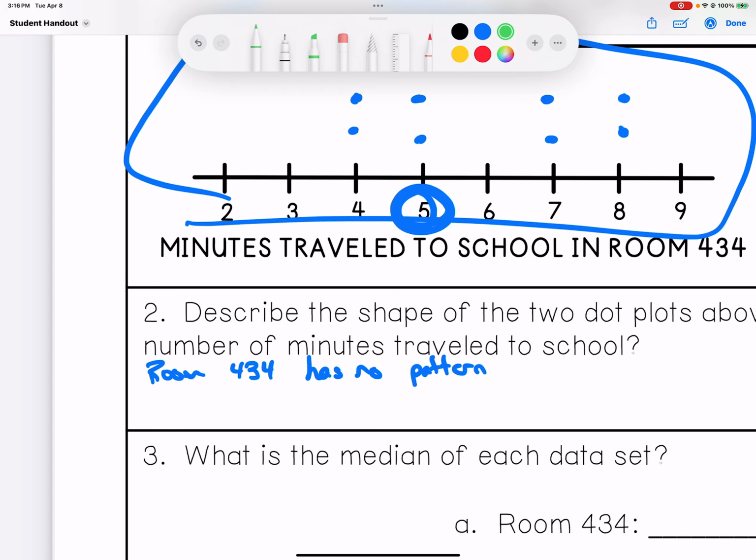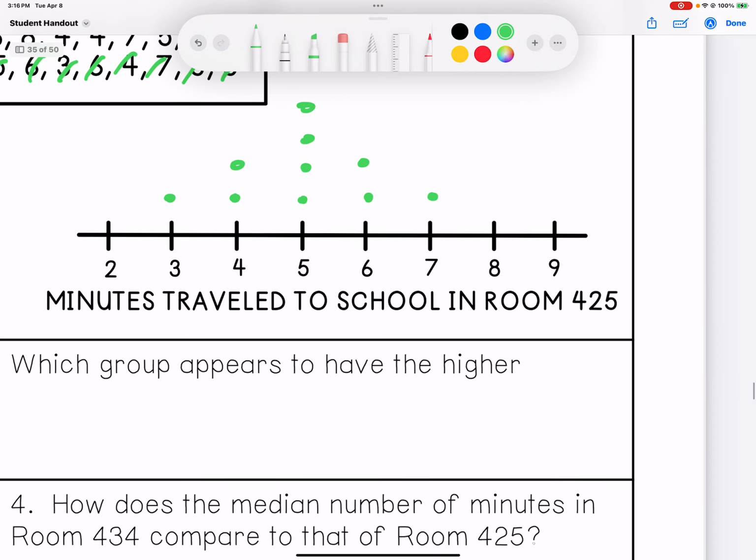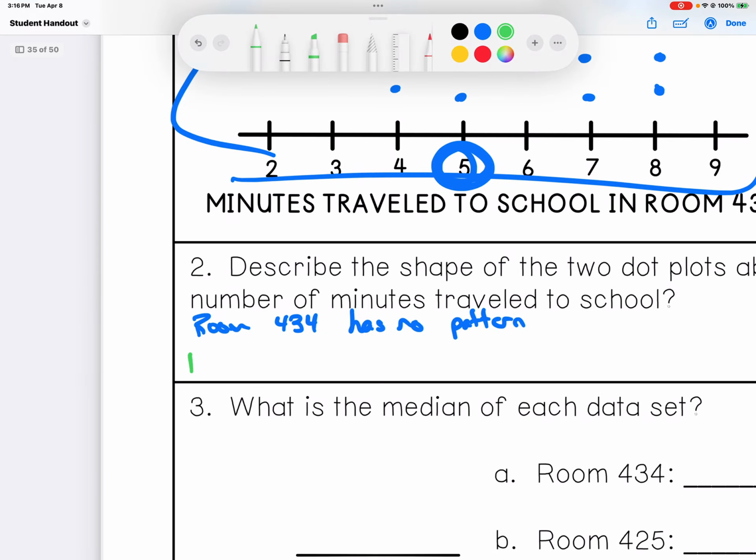Okay, the other room, 425, what does that look like? It is symmetric. And how do I know that?